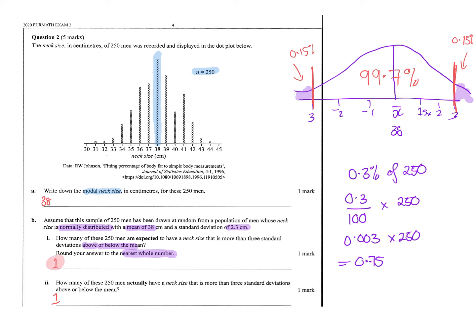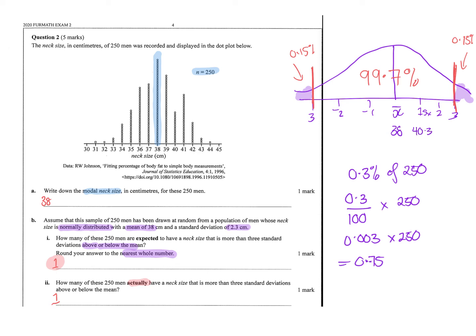So I've got 1. Now it says how many of these 250 men actually have a neck size plus or minus 3 standard deviations. So that's where you have to work it out. The standard deviation is 2.3. If I do 38 add 2.3, it'd be 40.3.